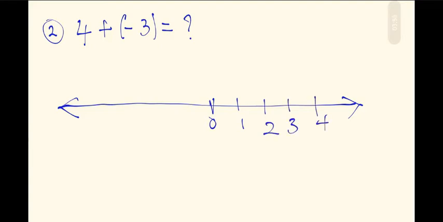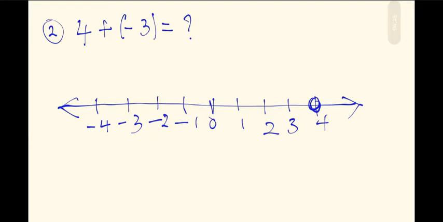We are going to start counting from 4. Then we have our negative numbers: -1, -2, -3, -4. So we mark our 4 on the number line.